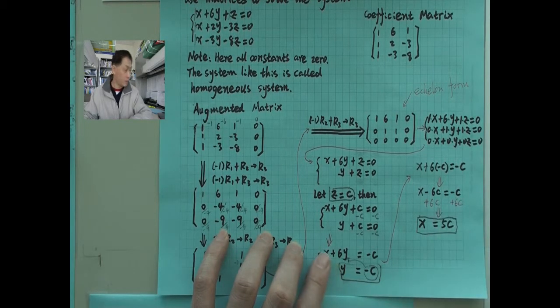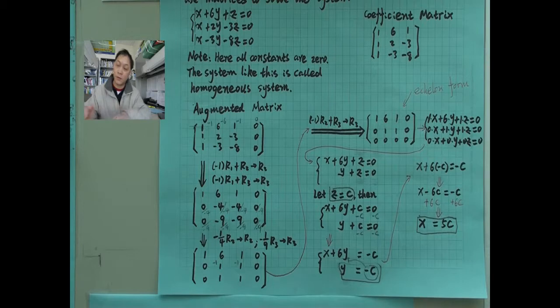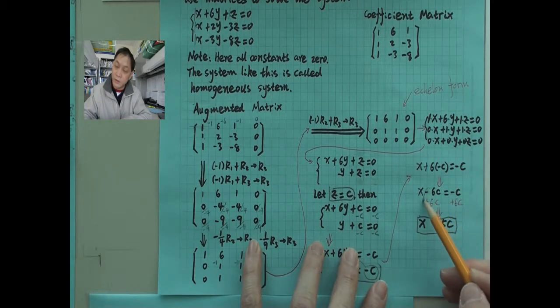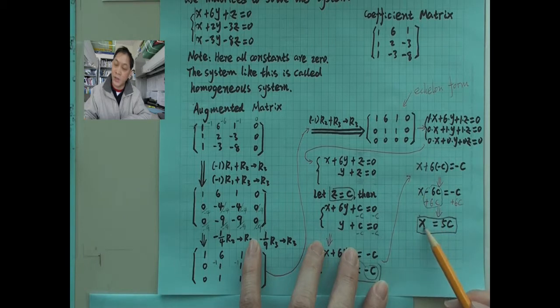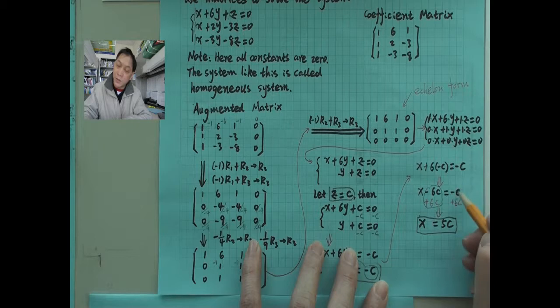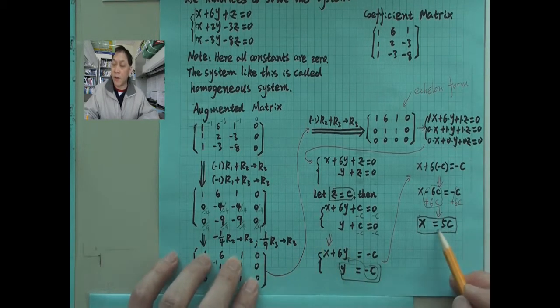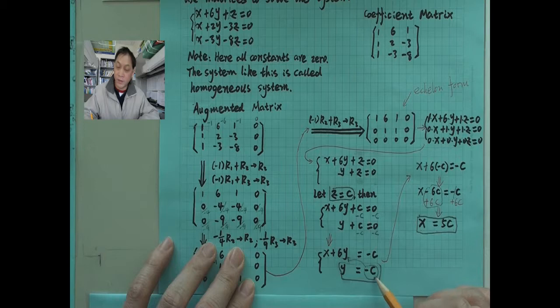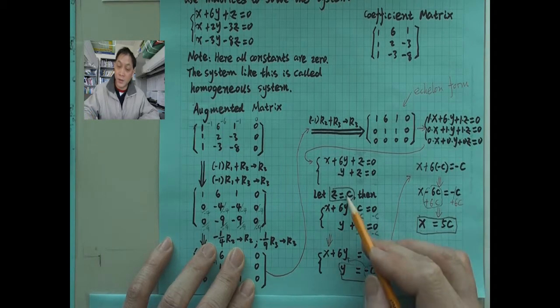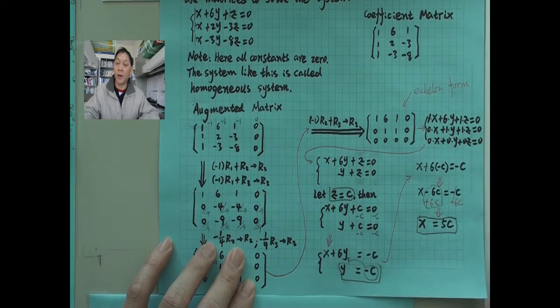And then you cancel this positive negative. So on the left is just x. On the right, 6 minus 1c. Okay, so 6 minus 1 is 5, and c right here. So x is 5c, y is negative c, and z is c. So we have the solution now.